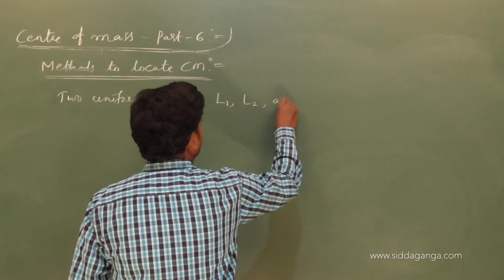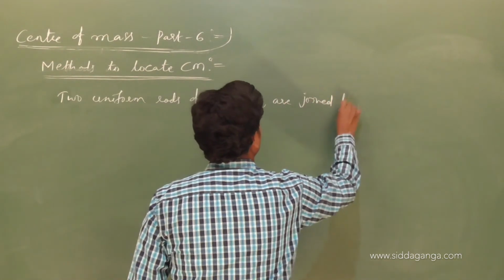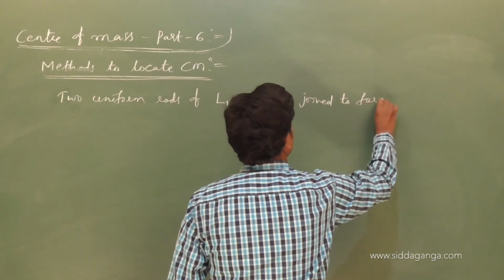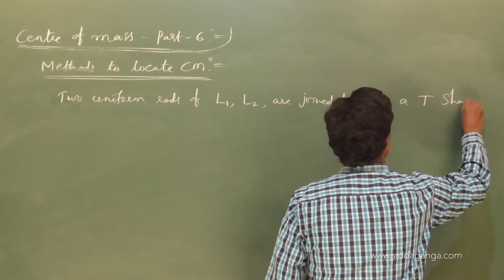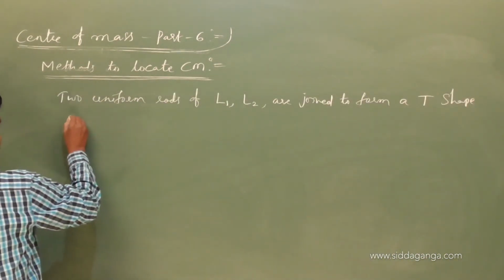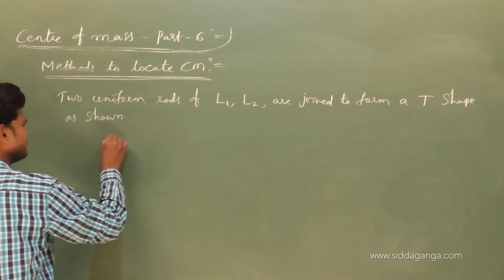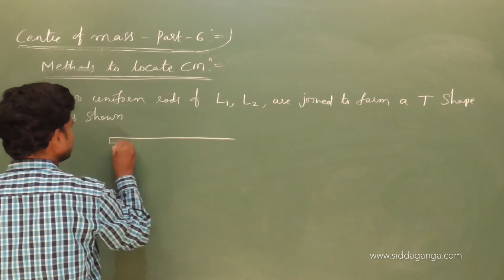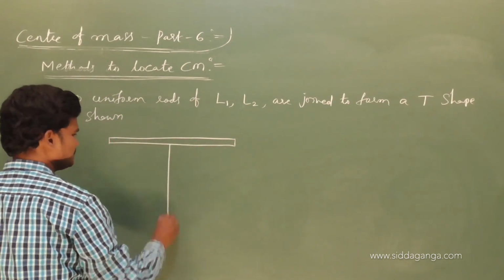They are joined to form a T-shaped object, T-shape as shown. So they give it like this. See, this is one rod, and this is another rod.